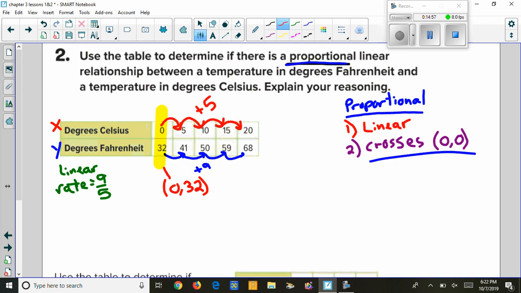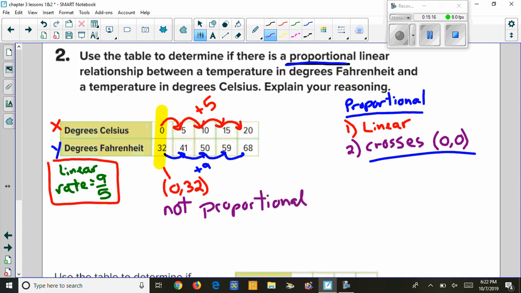Well, that means, even though it is linear with a rate of 9 over 5, this is not proportional because it does not cross 0, 0.